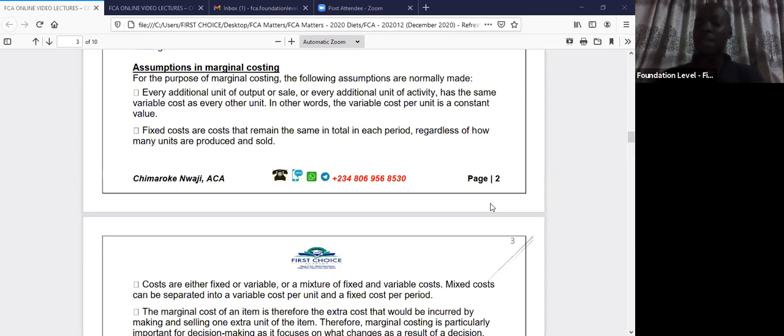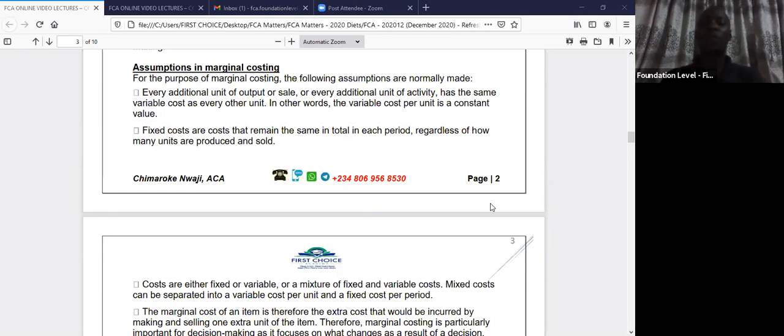Right now, we are in the class, we are 4 in number, we still incur the same amount. If nobody comes, we incur it. When we are just 2 here, a lecturer and a student, we incur the same amount. So fixed cost is constant in total terms, irrespective of how many you produce.